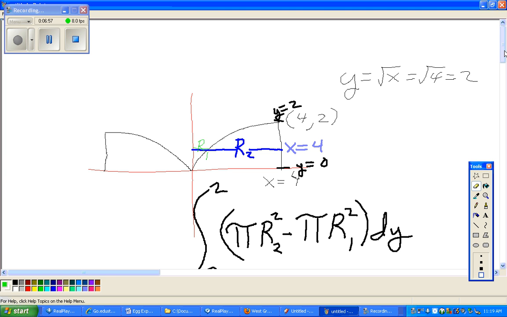If I look at that other radius, it comes out and touches from here to that first line that we're touching, which means that we are touching the place where y equals the square root of x. So if y equals the square root of x, I think I could say that y squared equals x.